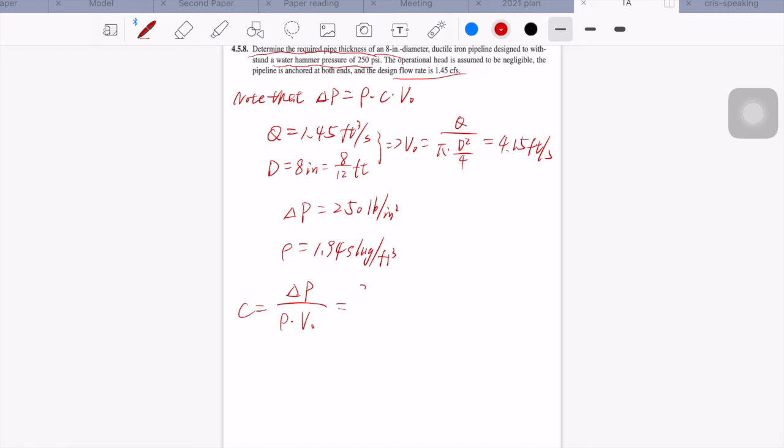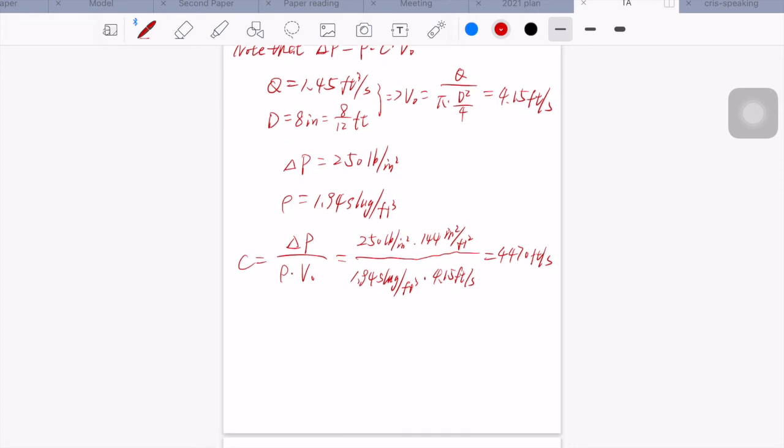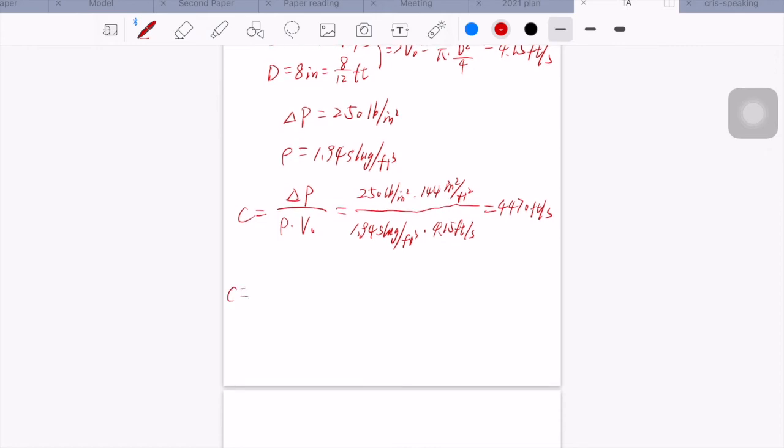So equals 250 pounds per square inch times 144 square inch per square feet, divided by 1.94 slug per cubic feet times 4.15 feet per second. So the C equals 4,470 feet per second.